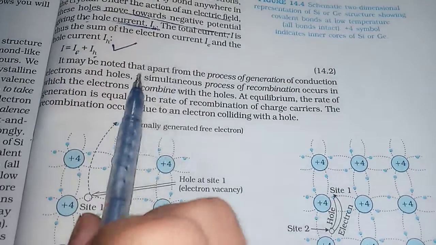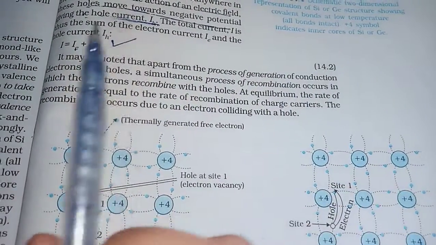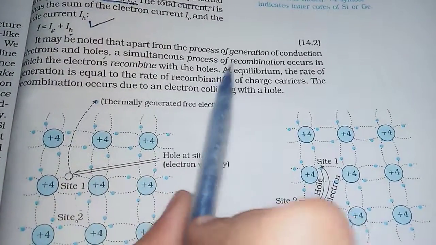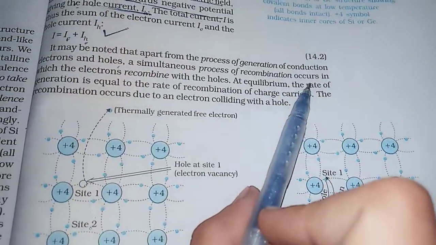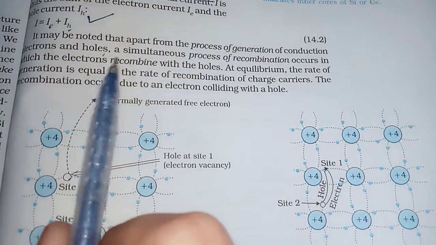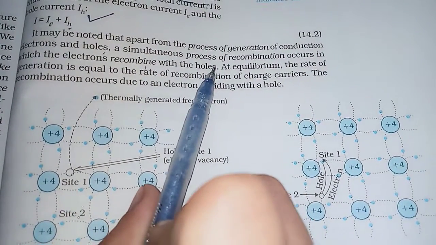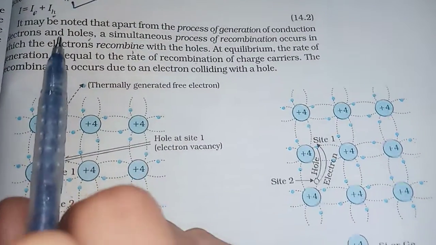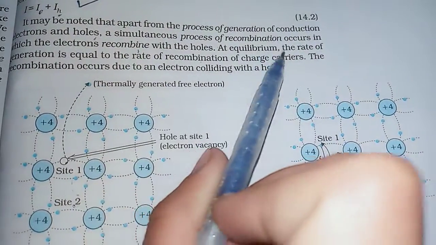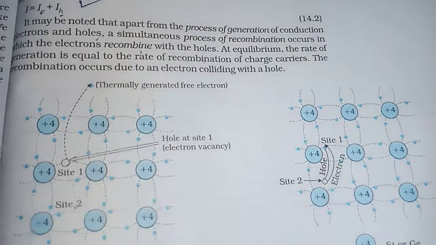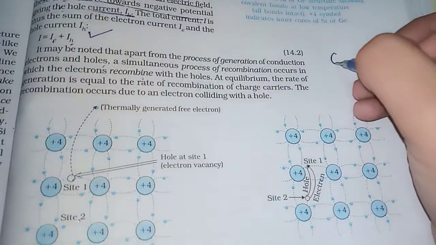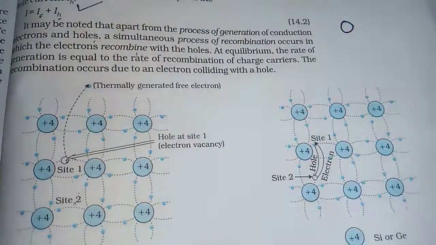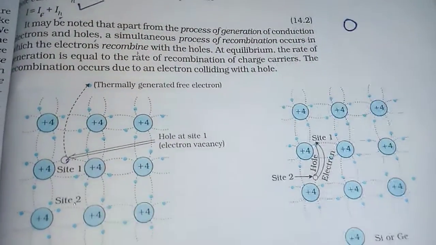So it is noted that apart from the process of generation of the conduction electrons and holes, a simultaneous process of recombination occurs, in which the electrons recombine with the holes, and at equilibrium the rate of generation is equal to the rate of recombination. The recombination occurs due to an electron colliding with a hole. So what is here is first generation. An electron goes away from here on heating, and a hole is created.